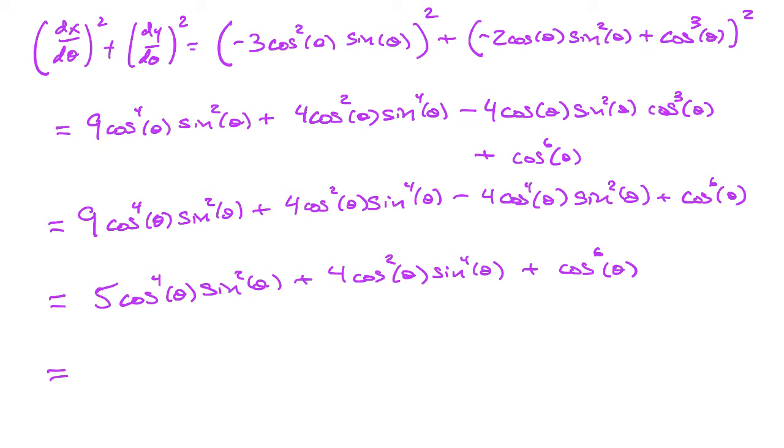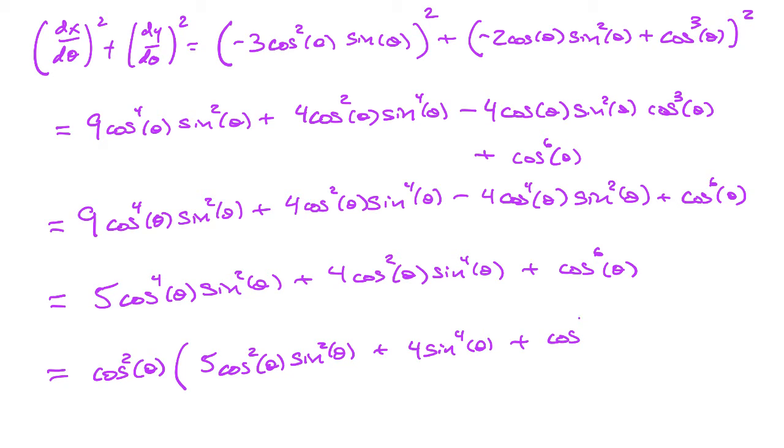Well, now what we can do, if we factor a cosine squared from each one of our terms, that will give us a 5 cosine squared theta sine squared plus a 4 sine to the 4th plus a cosine to the 4th theta.